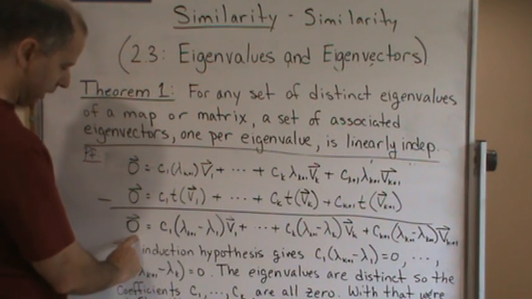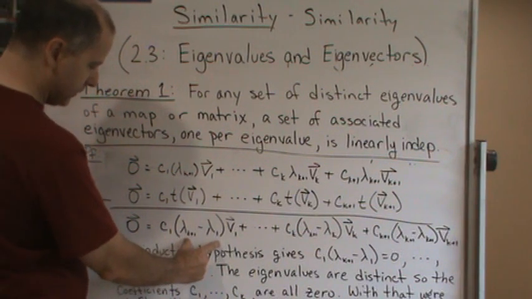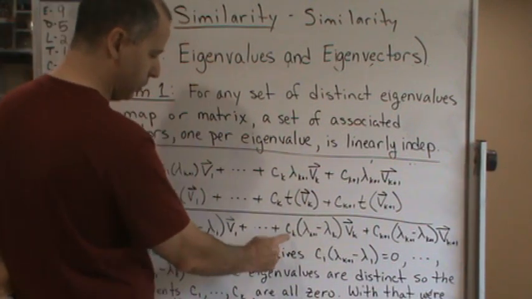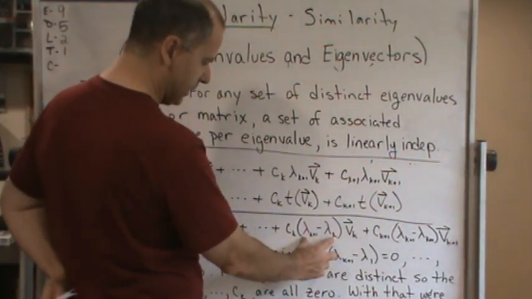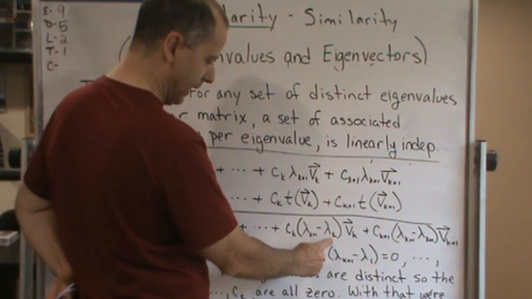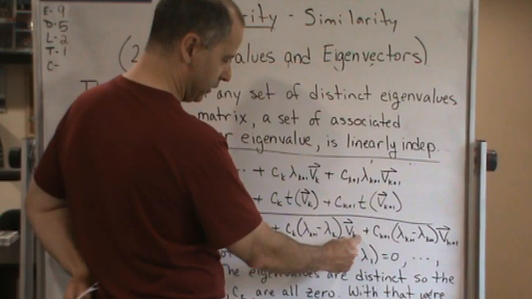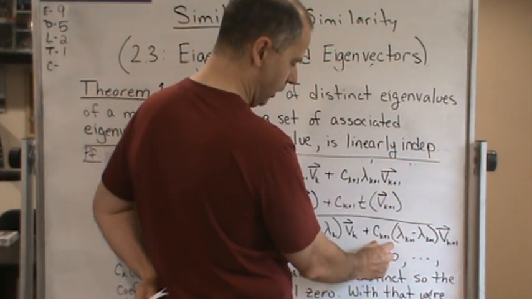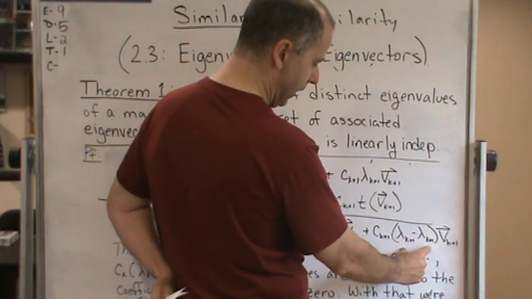So you get the zero vector equal to c1 times this difference times v1, plus all the way to c sub k times the difference between lambda k plus 1 and lambda sub k times the vector vk, plus c sub k plus 1 times this difference.